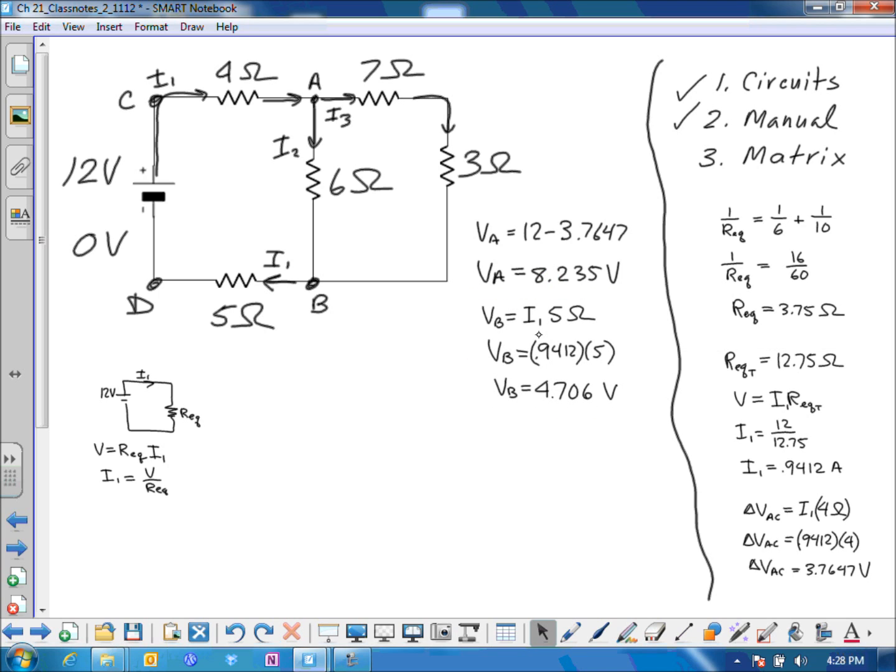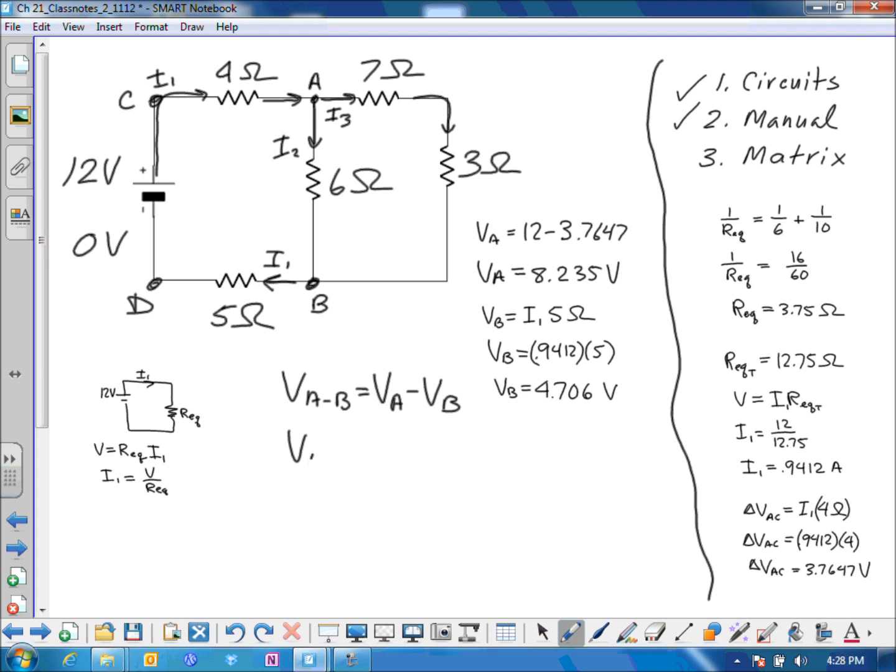All right, now having found the voltage at A and the voltage at B, we know the drop across AB. The voltage across AB is just the voltage at A minus the voltage at B. We can find that quite simply.